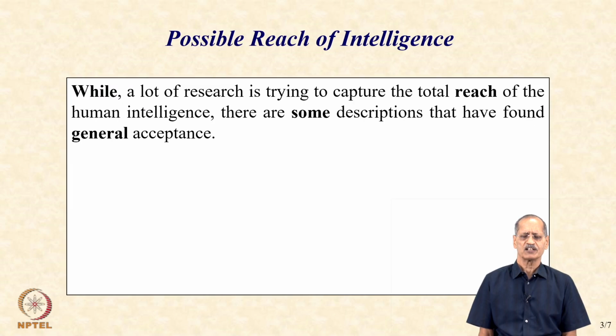So, let us look at what is the possible reach of intelligence. In fact, there is a lot of research which is happening, which is trying to capture the total reach of human intelligence. They have not been able to really complete this task, but there are some descriptions that have found general acceptance.